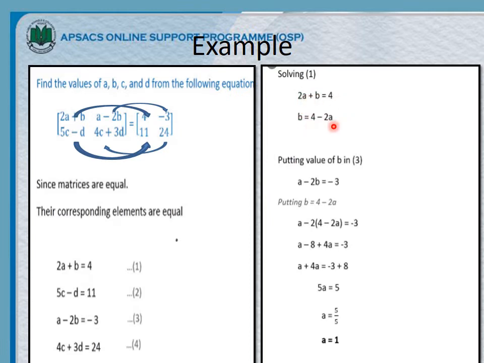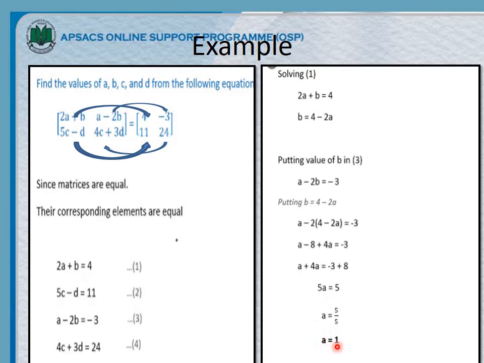Now put this value of b in equation 3, and equation 3 is a - 2b = -3. By putting the value of b we will get this, and after simplification we will get 5a = 5, and by solving this equation we will get the value of a.